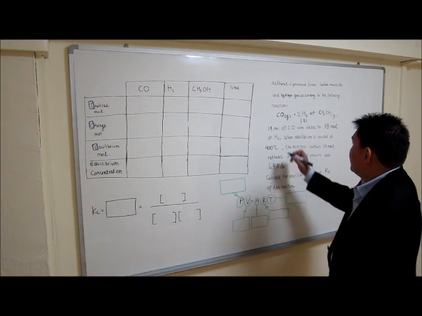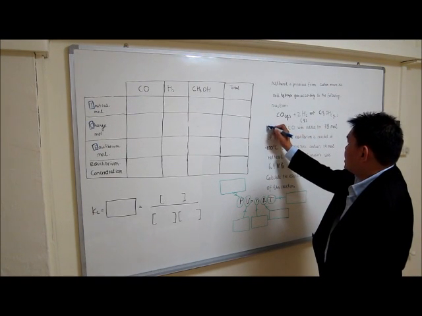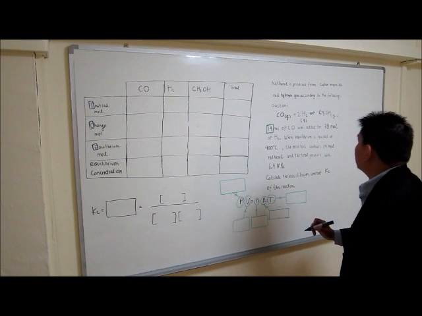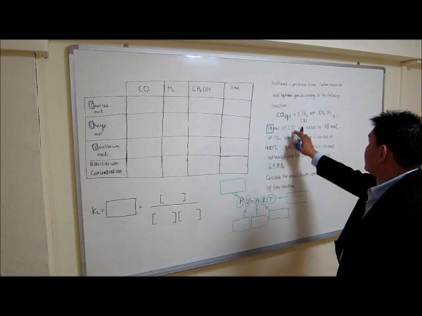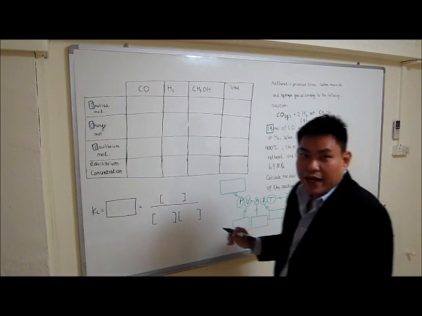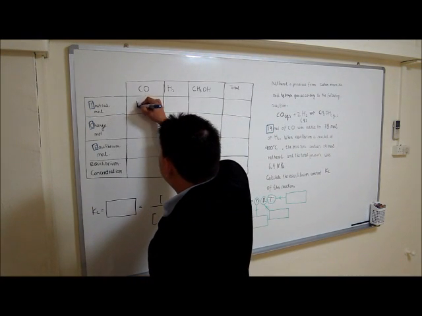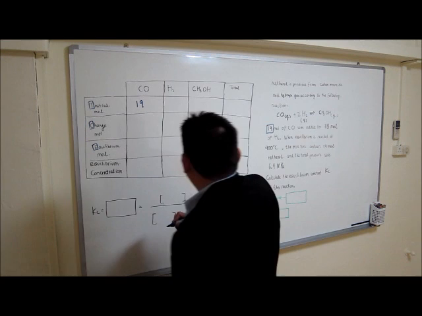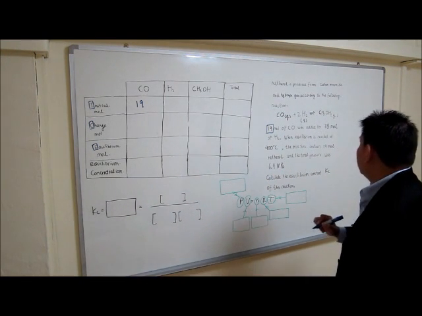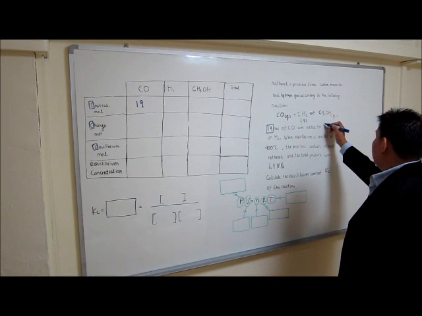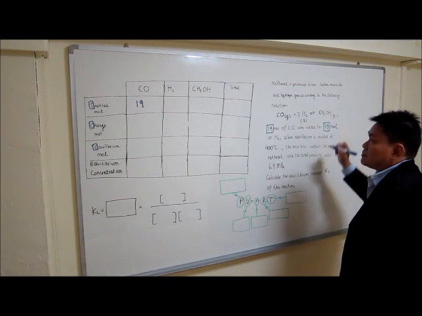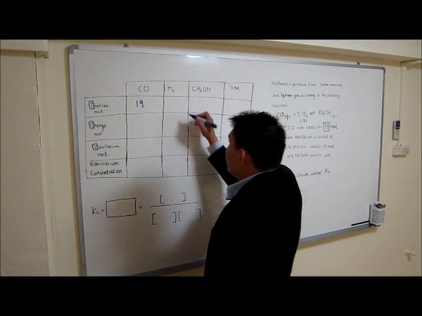First of all, we have 19 mole of carbon monoxide. If you read the question carefully, this 19 mole of CO is at the initial stage. So we just put 19 there. Similarly, 78 mole of H2 is also at the initial stage. So we put 78.